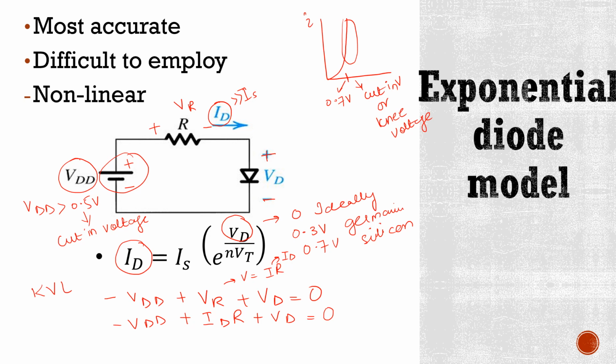Now if you rearrange this equation, you will get ID is equal to (VDD minus VD) divided by R. So this is another equation of diode current that you are getting from KVL.